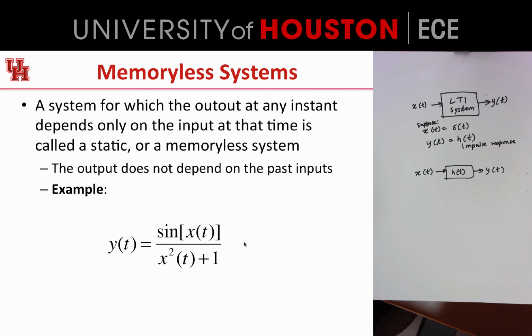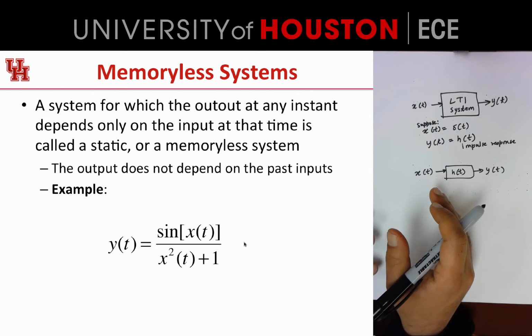Not before, not after, it's only at that time. So this is an instant system. The output does not depend on past inputs or future inputs, only on the inputs at that point in time t.